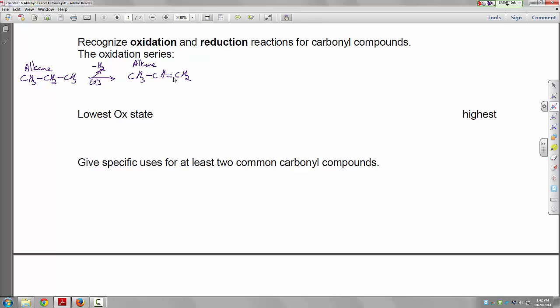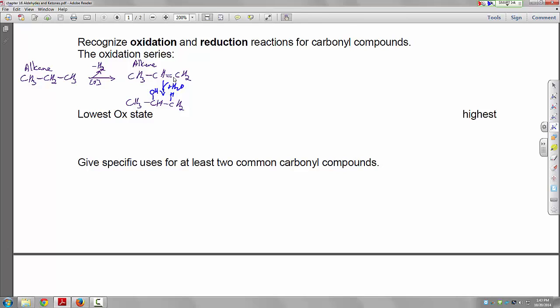Okay. We can add water across that double bond. This is not an oxidation, but just an addition reaction. And 1 hydrogen, we'll put the oxygen here. The OH, say, goes there, and the hydrogen there.